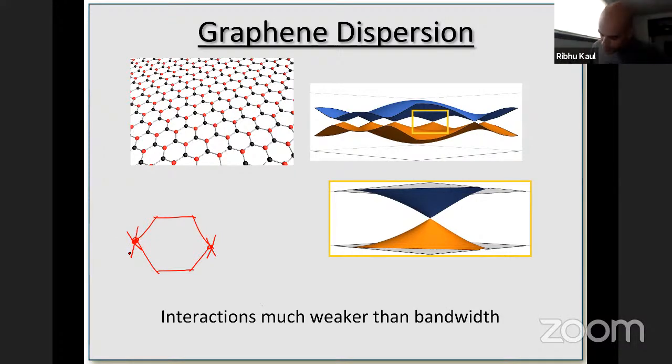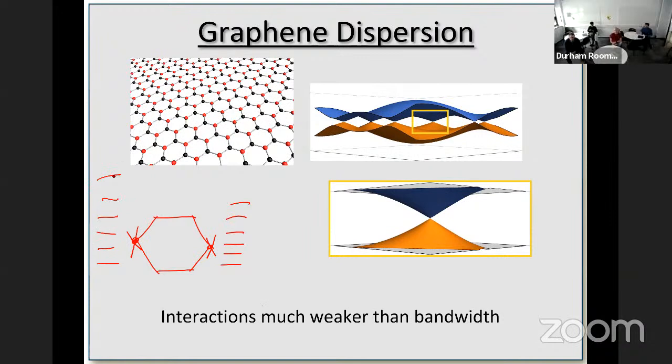When you apply a magnetic field, in this continuum model these two valleys are completely independent. So in addition to spin, they become another label, often called the valley quantum number. When you apply a magnetic field, you get a set of Landau levels associated with this part of the dispersion and with this part of the dispersion. Even in the regular integer quantum Hall effect, there are some integers in which interactions are important, because otherwise this system would be spin degenerate.